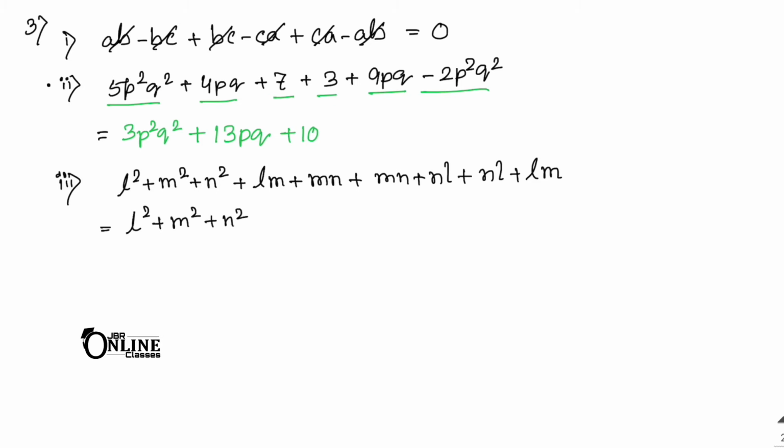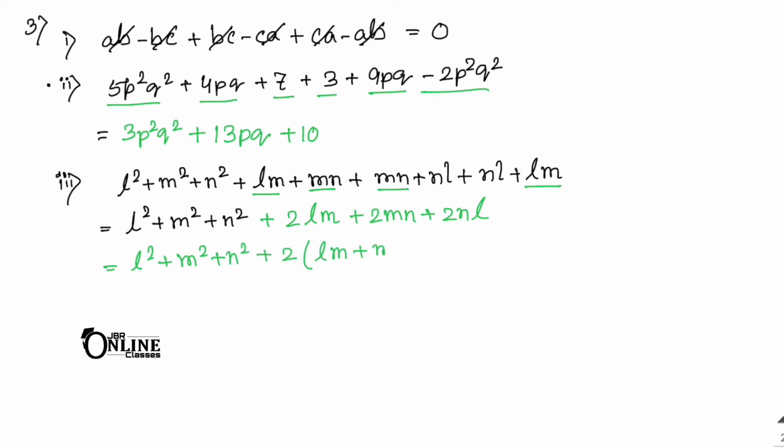Now as here lm and lm, so you can write down here as 2lm in positive. Then mn, so write down here 2mn. After that 2nl. Now from that one you can easily common 2. So your final answer will be here 2 into lm plus mn plus nl.